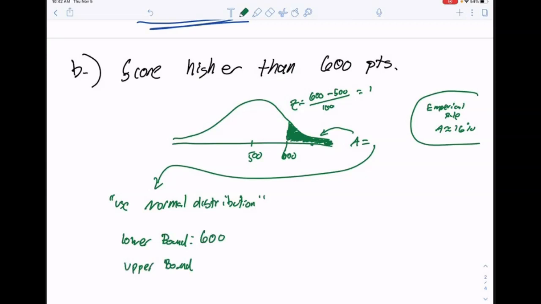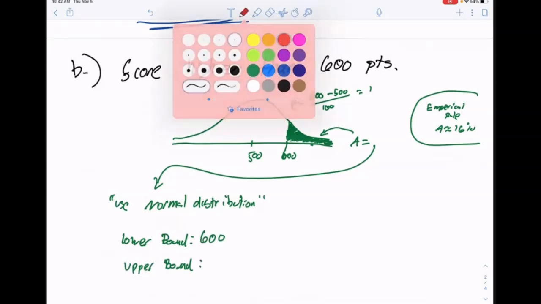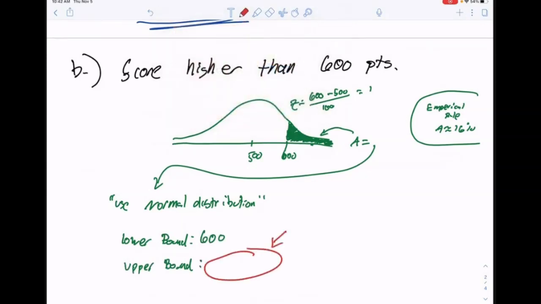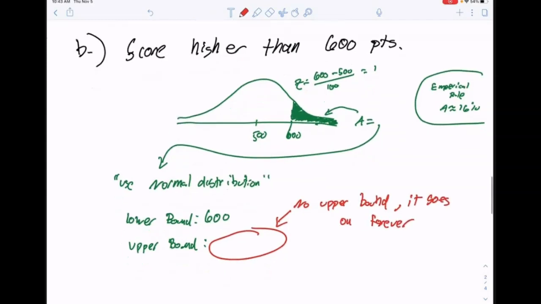In this picture, where do I stop shading on my upper part? Don't you just shade the rest of the graph? There is no upper bound.